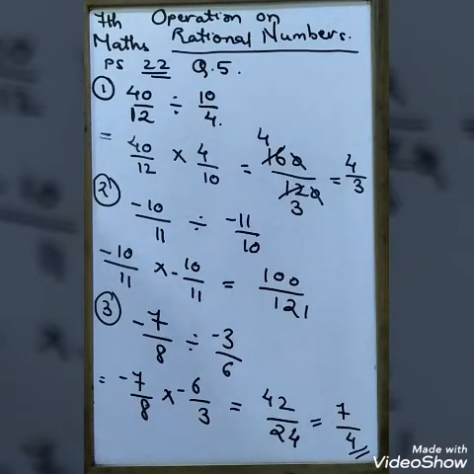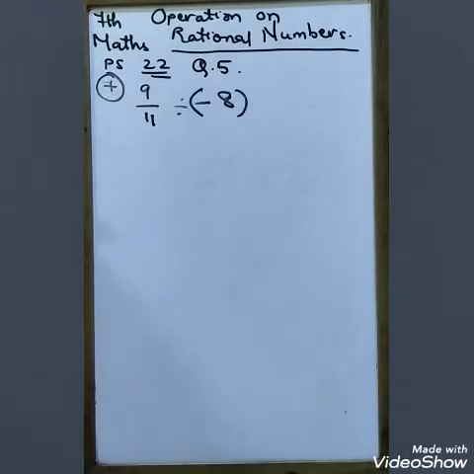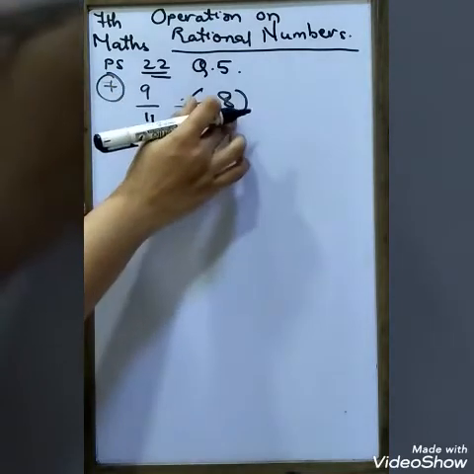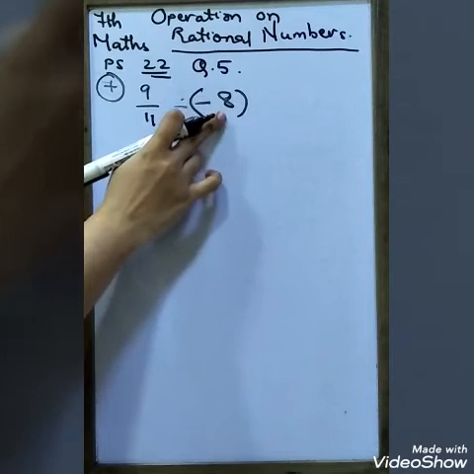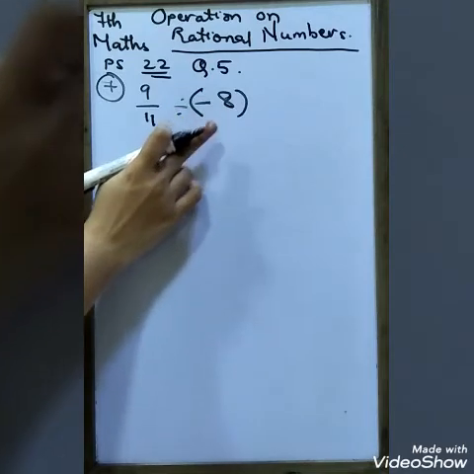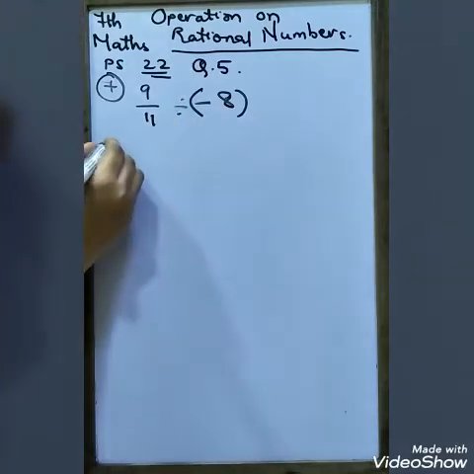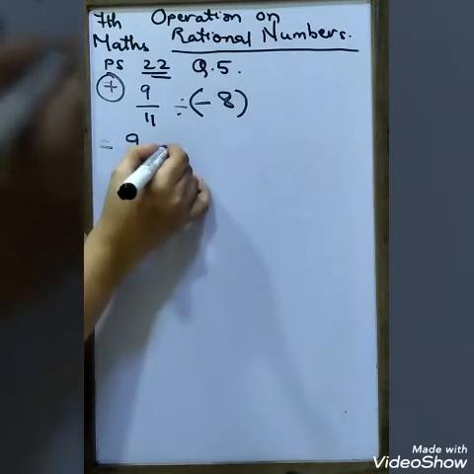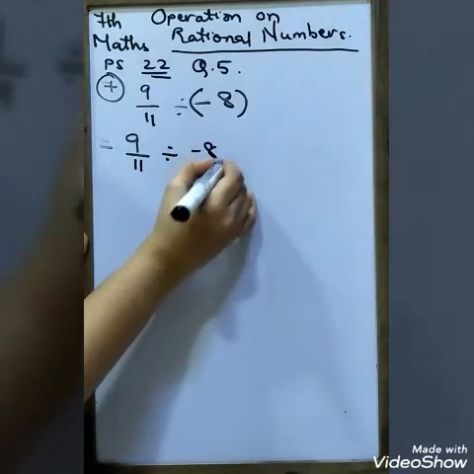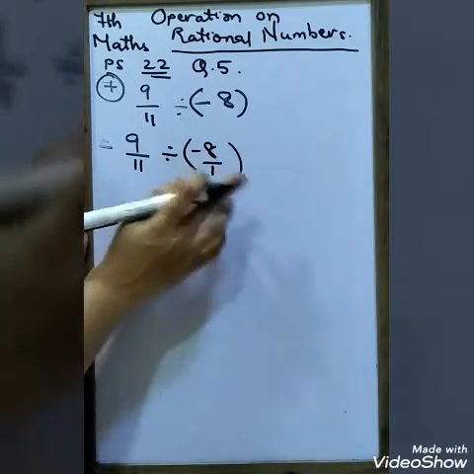In a similar way, you are supposed to do questions number 4 and 5 on your own. Now question number 7 we are going to solve here. It is 9 upon 11 divided by minus 8. Here minus 8 does not have any denominator, so for consideration we can take it as 1. So we write 9 upon 11 divided by minus 8 upon 1, so that we can understand it.